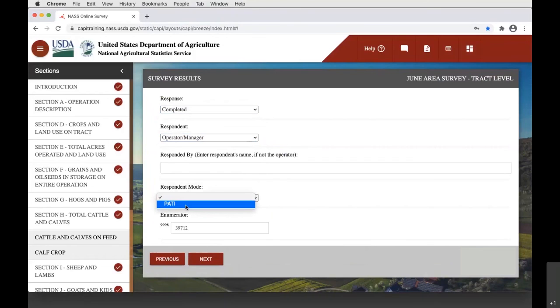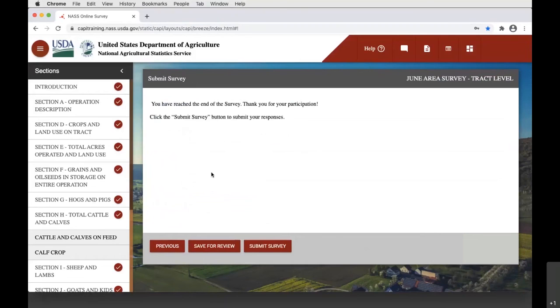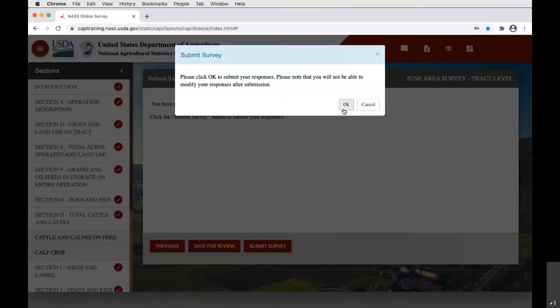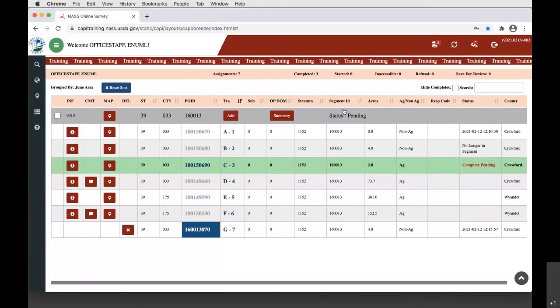It stands for Paper Assisted Telephone Interview. And essentially that means that you're calling them on the phone and entering the data on paper. That is the only valid mode that is permitted for this survey this year. And then once we've reached the end of the survey, we can hit Submit. And we'll be done. And bring us back to our listings.